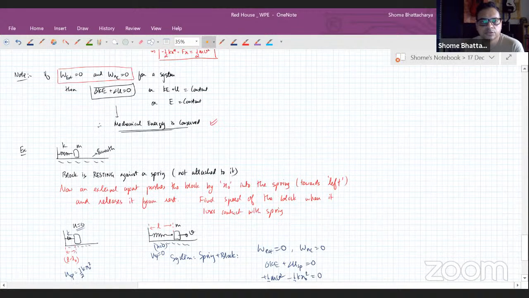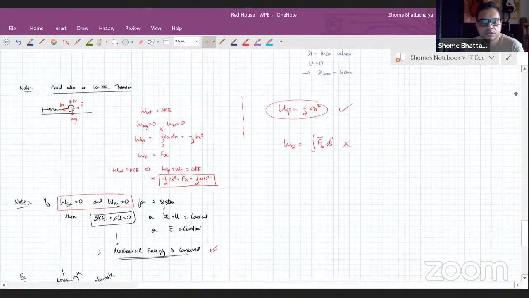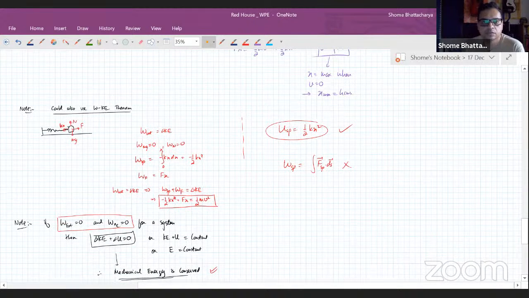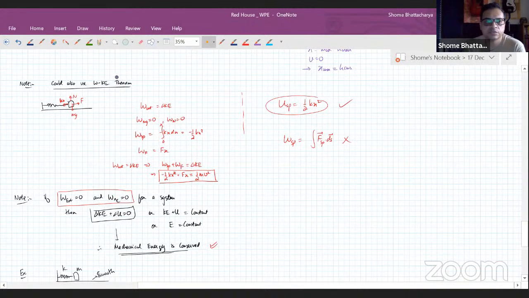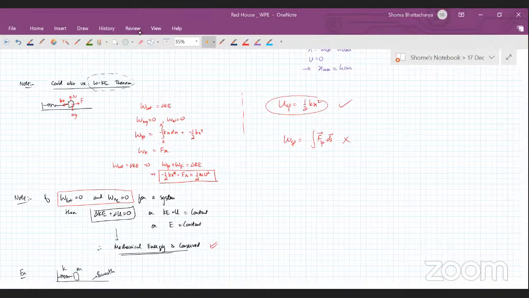Okay, so I'll just take you to this theory part along with the second method of the last question where we use the work kinetic energy theorem instead of the work energy theorem. Then we'll come back to this question.